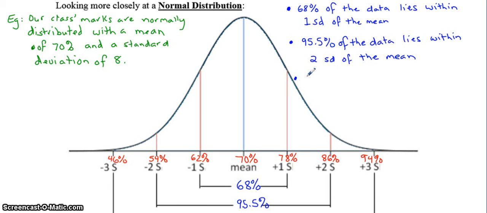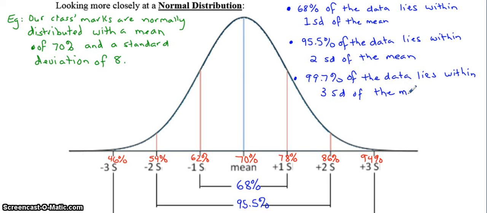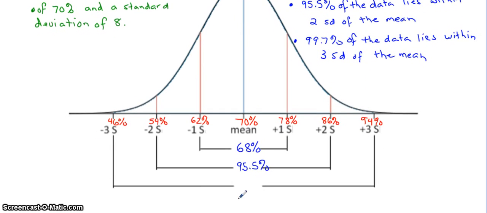Lastly, almost everybody, 99.7% of the data lies within three standard deviations of the mean. So within three standard deviations of the mean is 99.7%.